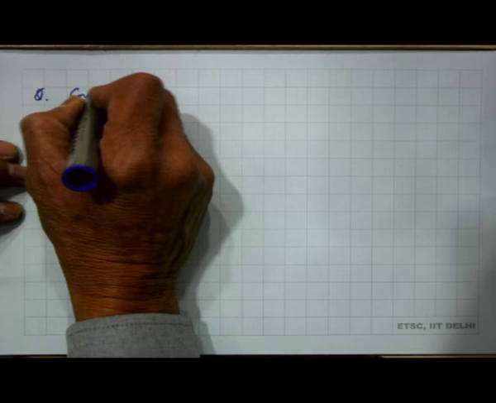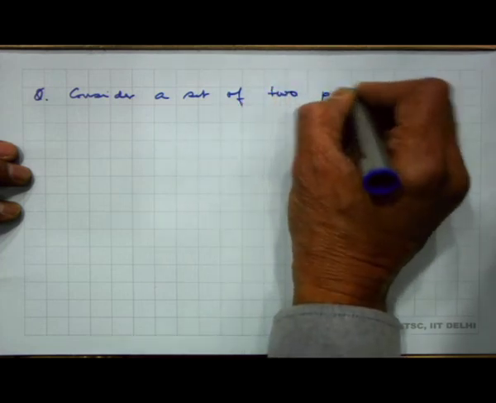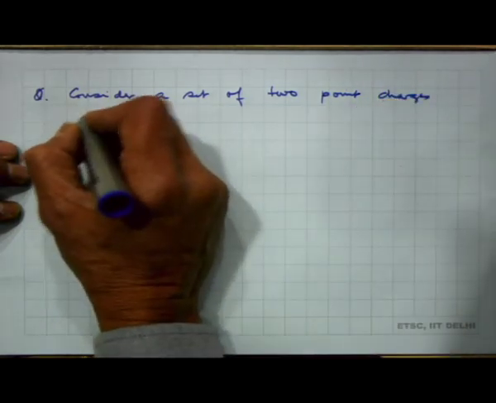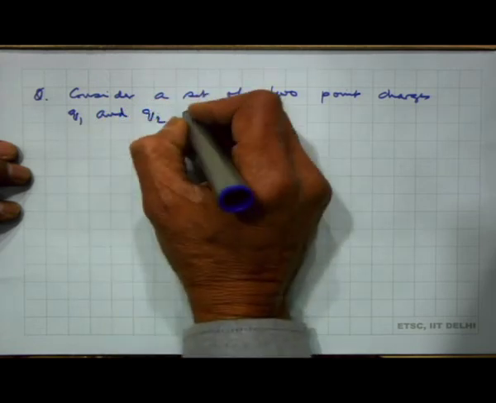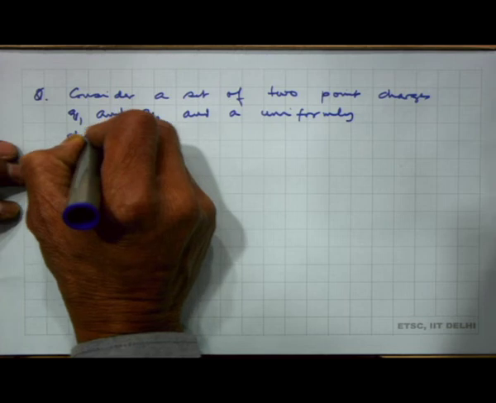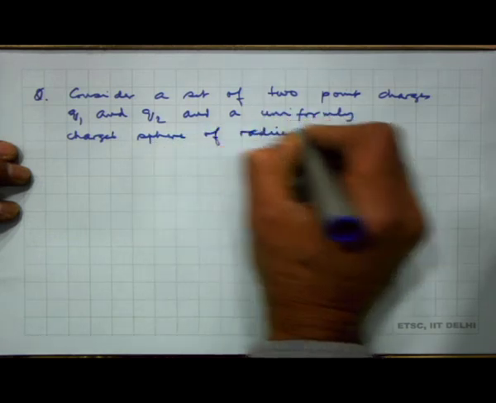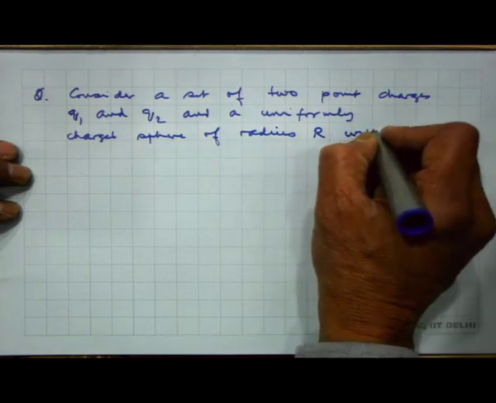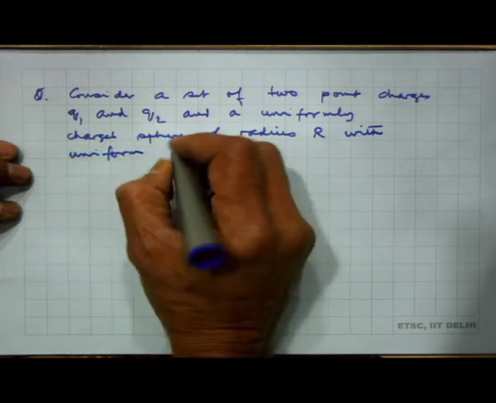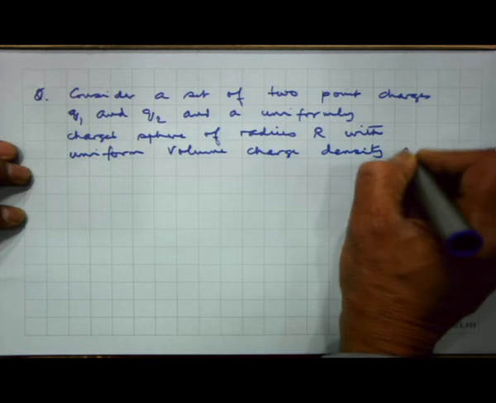Now, let me give you another problem here. Consider a set of 2 point charges q1 and q2 and a uniformly charged sphere of radius r with uniform volume charge density rho.